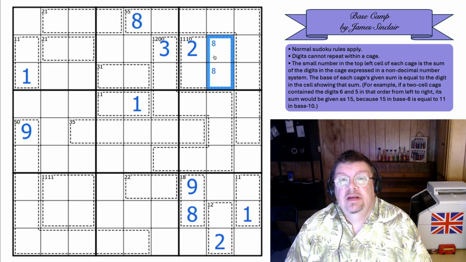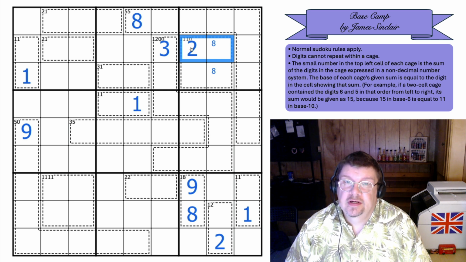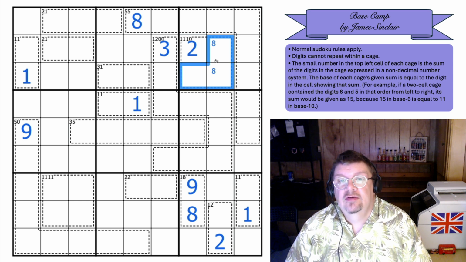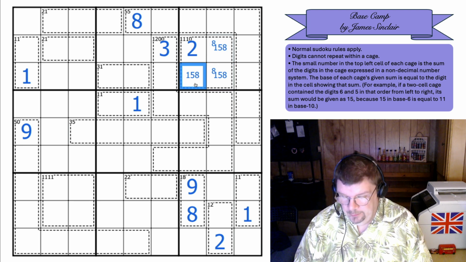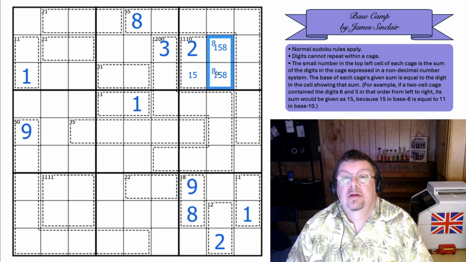And now we need, so we've got 10, we need 16, so we need another 6. 6 in 2 cells that see each other are either 2 4, which it can't be, or we would be repeating a 2, or 1 5. So that is a 1 5 8 cage, or 1 5 8 triple.